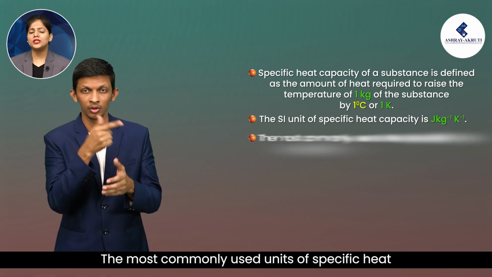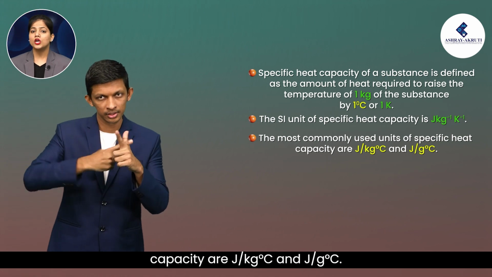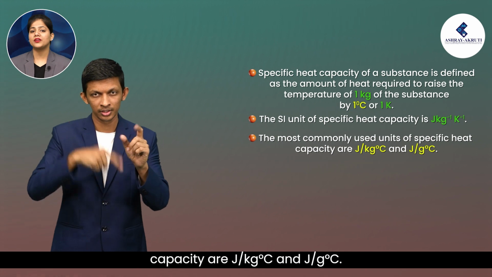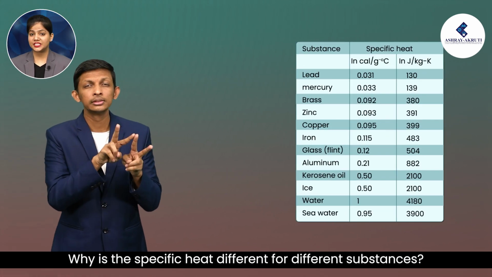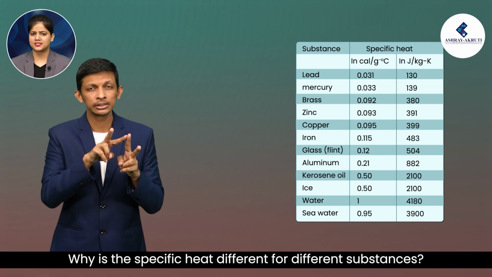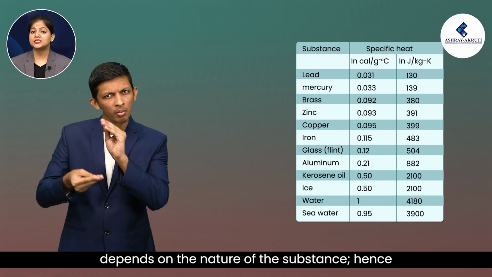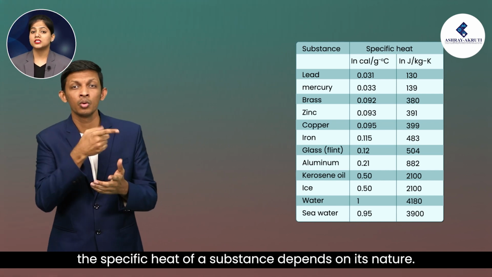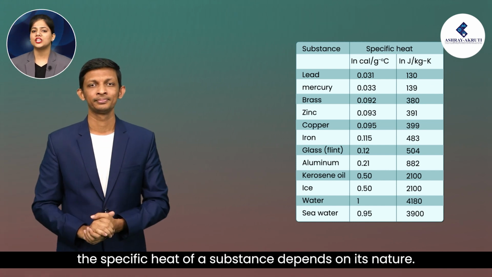The most commonly used units of specific heat capacity are joule per kg degree Celsius and joule per gram degree Celsius. Why is the specific heat different for different substances? We have seen that the temperature rise depends on the nature of the substance. Hence, the specific heat of a substance depends on its nature.